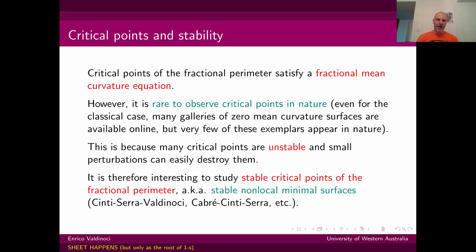And so we focus now on stable critical points of the fractional perimeter, also called stable non-local minimal surfaces. And this is a trend of investigation that was initiated by some papers by Eleonora Cinti, Joaquim Serra, and myself, Cabré, Cinti, and Serra, and so on. And now there is a very active group in Zurich led by Joaquim, which is doing great things on this topic.